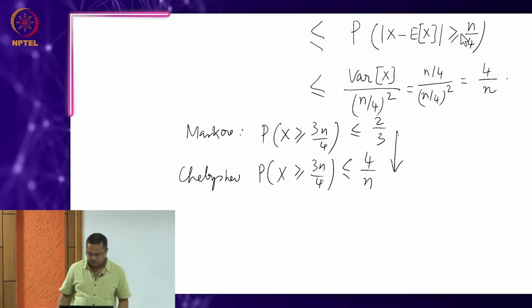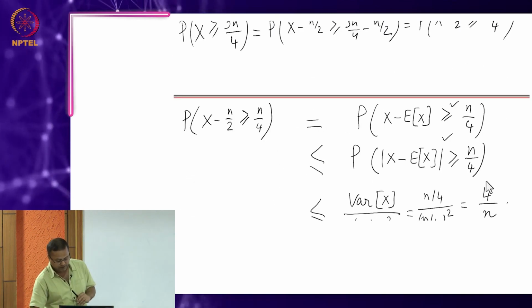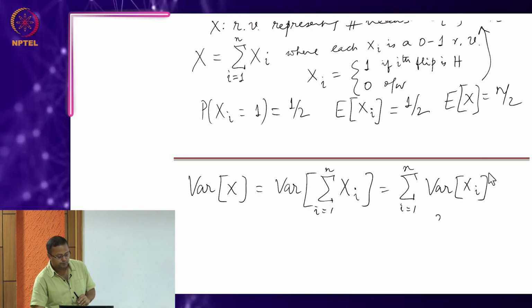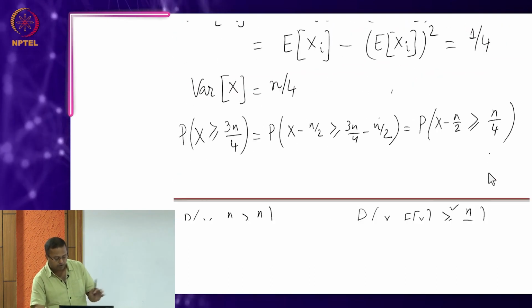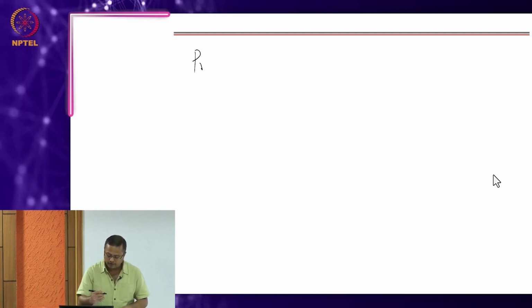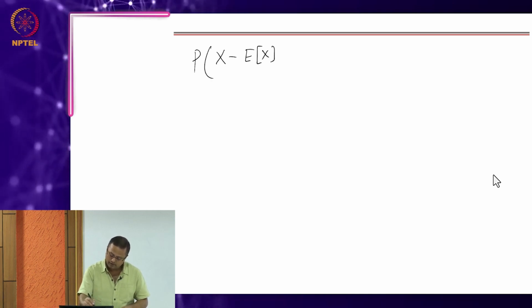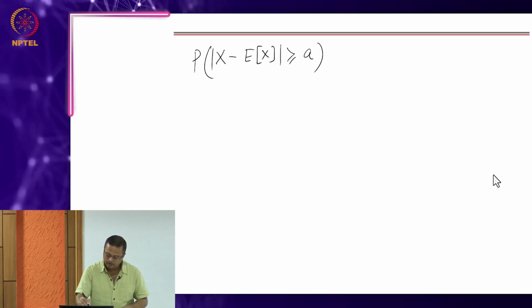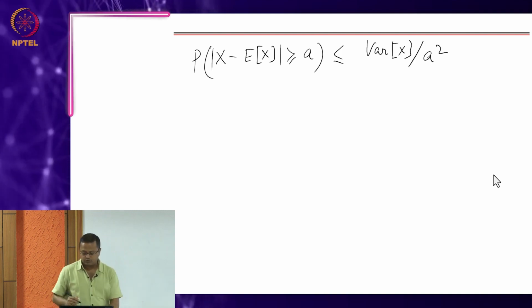So I will stop this session with the proof of Chebyshev. So we have seen an application of Chebyshev. So we have compared Markov and Chebyshev. So I need to convince you that this inequality is true. Now as I said, this is nothing but Markov's applied in a nice way. So I need to prove that variance of x by a square.